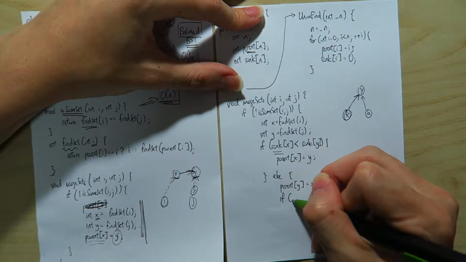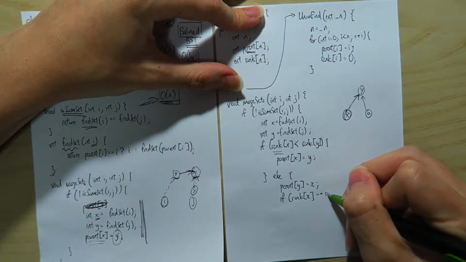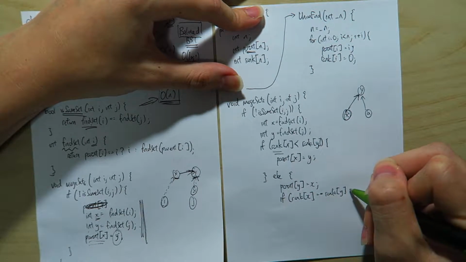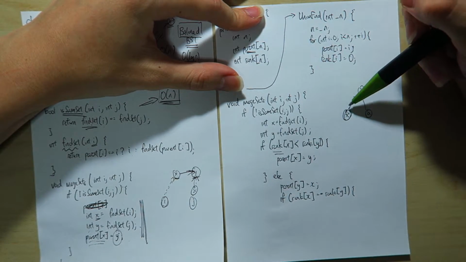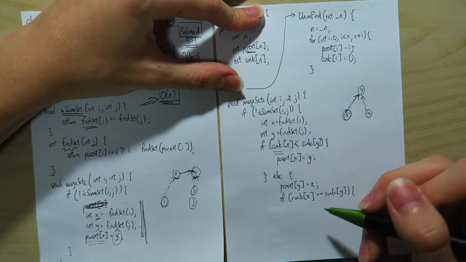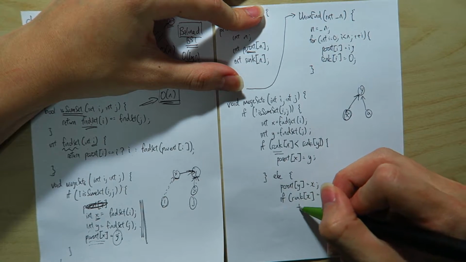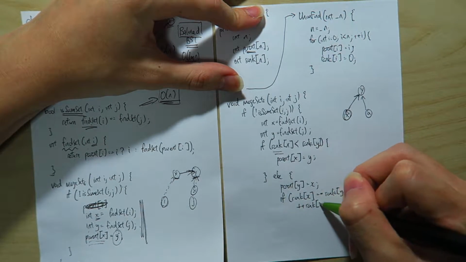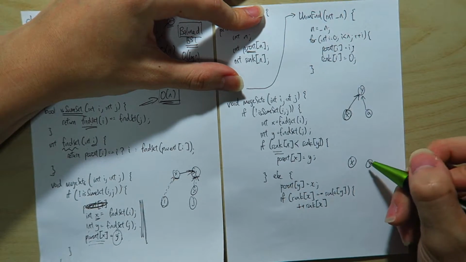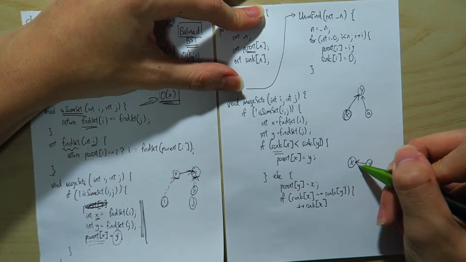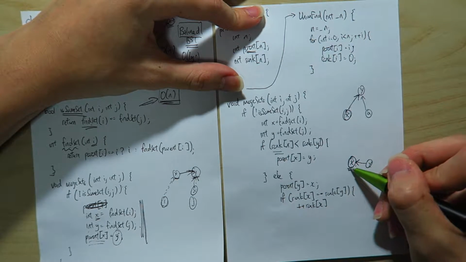And then there's also the case whereby the ranks are the same. If the height is the same, then it really doesn't matter which way you point it. But if we make y point towards x, then we need to increase the height of x. So for instance, if initially it's just like this, x and y, and now y points towards x, parent of y is equal to x, then we need to increase the height of this node by 1.